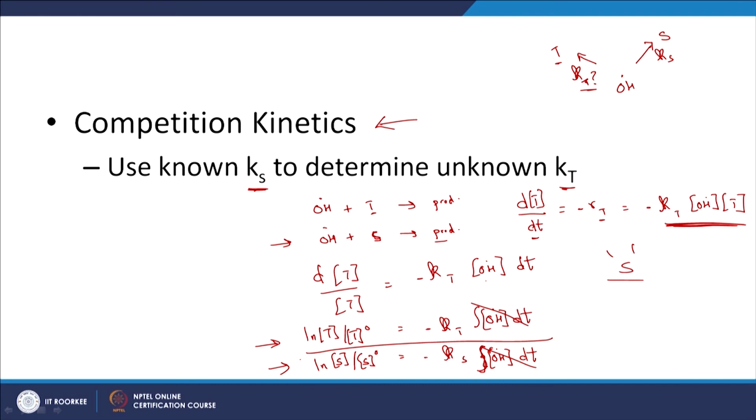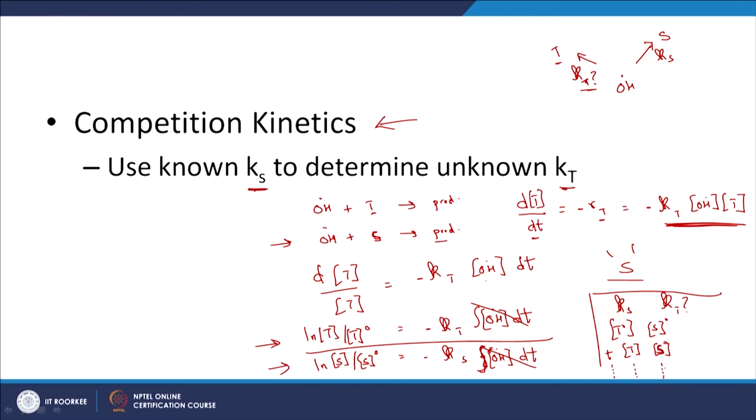How do I go about this system now? I already have Ks. I want to calculate Kt, but I have T naught and S naught, and I know how T and S will change with time. At different times I know how the target and scavenger concentrations change.